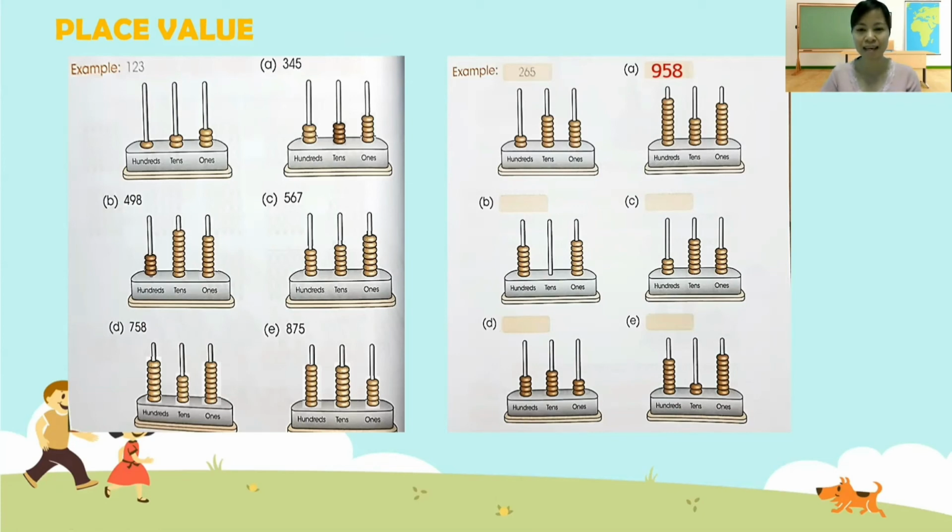Next, for letter B, we have 607. Great. For letter C, we have 375. You're correct.